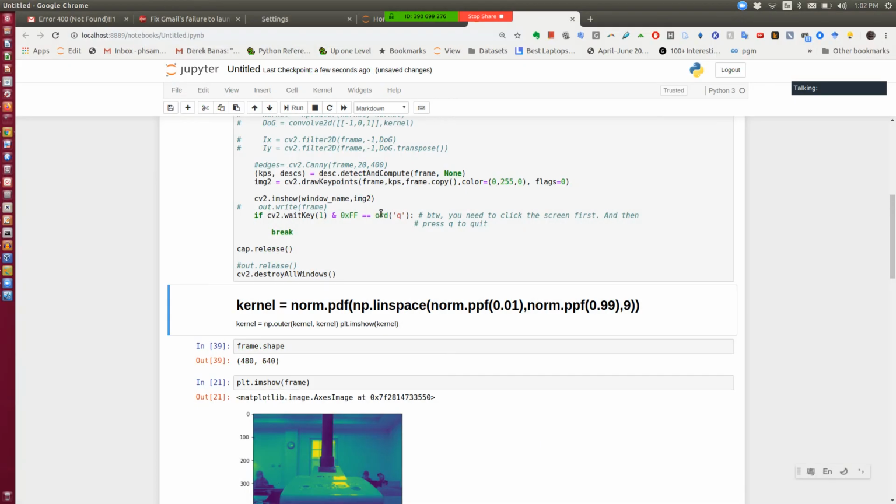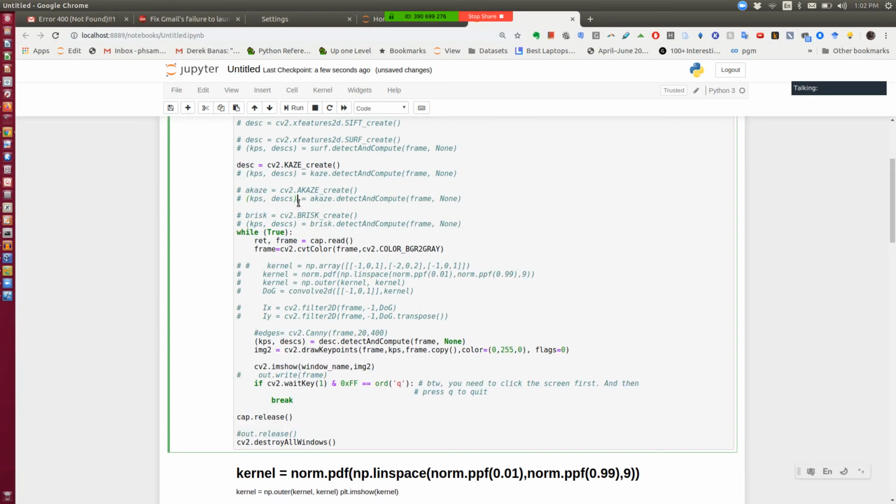But the accelerated version is okay, quite okay. Anyway, you can use this for your project. It's easy to make it work in OpenCV.